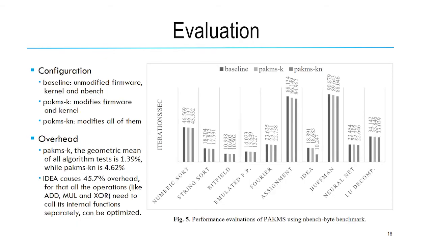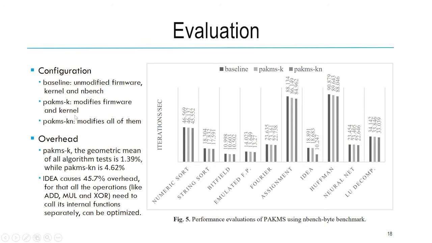We choose MiBench to evaluate the performance overhead of PAKMS for the reason that MiBench is designed to measure CPU and memory subsystem performance with real-world algorithms, and it is easy to be migrated to new processors or operating systems quickly. We set up 3 sets of evaluations. The baseline uses unmodified firmware, kernel, and MiBench, and PAKMS-K modifies the firmware and kernel.